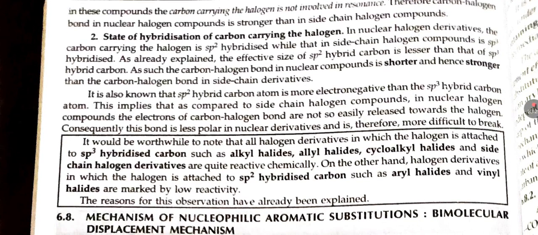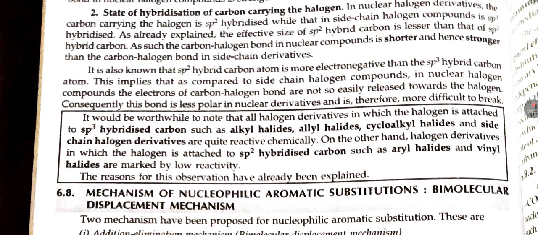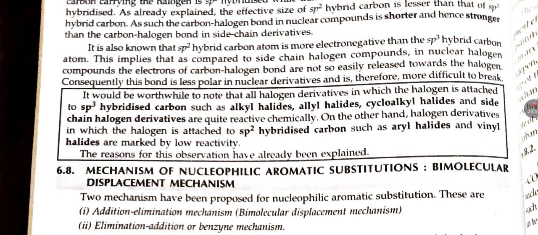State of hybridization of carbon carrying the halogen. In nuclear halogen derivative, the carbon carrying the halogen is sp2 hybridized, while that in side chain halogen compound is sp3 hybridized. As already explained, the effective size of sp2 hybrid carbon is less than in sp3 hybrid carbon. As such, the carbon-halogen bond in nuclear compound is shorter and hence stronger than the carbon-halogen bond in side chain derivatives.